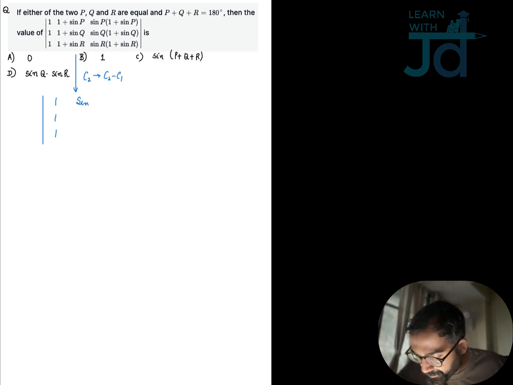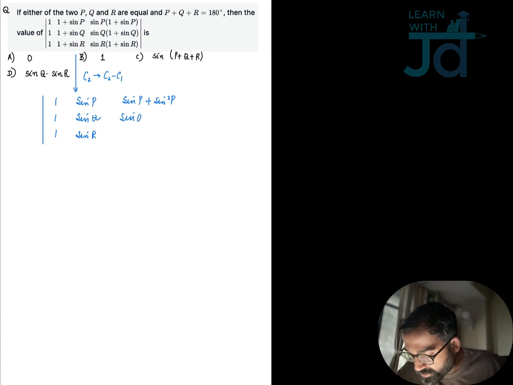You will get sin p, sin q, and sin r. If you multiply inside the bracket, you will get sin p plus sin square p, sin q plus sin square q, and sin r plus sin square r.